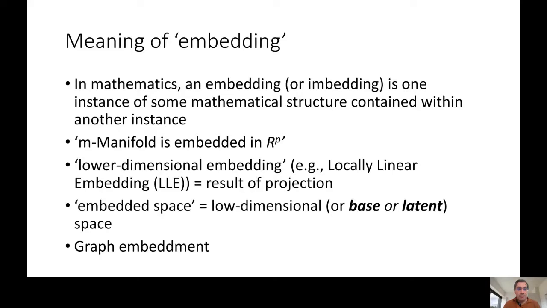The word embedding is also used in another context, in the context of graph embedding. It's a set of approaches which look to position graph nodes. The input for these methods is the structure of a graph, maybe with some information attached to the nodes as labels.